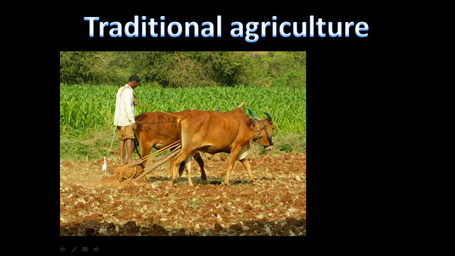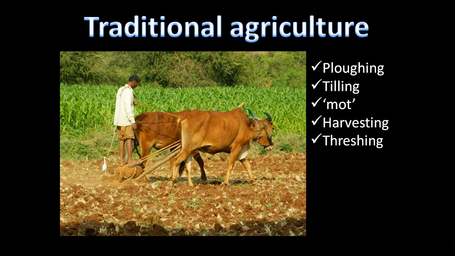In the traditional method, plowing, tilling, etc. were done with the help of oxen. A mott, that is, a huge leather bag, driven with the help of oxen, was used to draw water from the well.